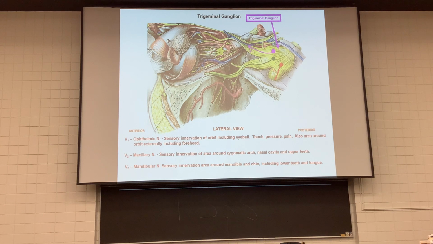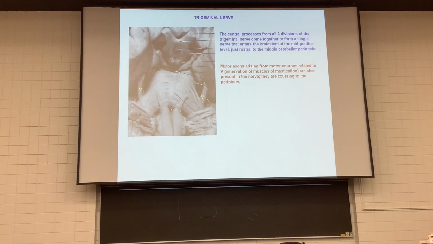Different ganglion cells, but they come together, form a single nerve that goes into the pons at about mid-pontine levels. All three come together to enter. Now there are motor axons in there also that are going out to your muscles of mastication. I'll show you where they come from in a minute.